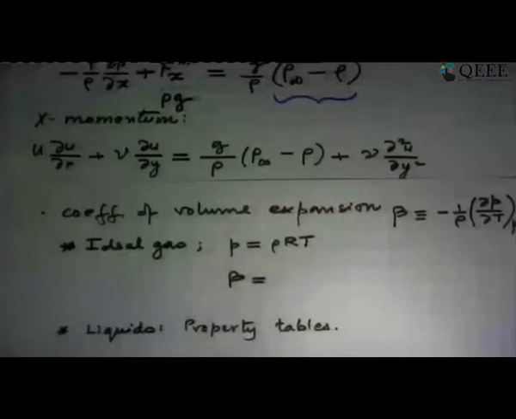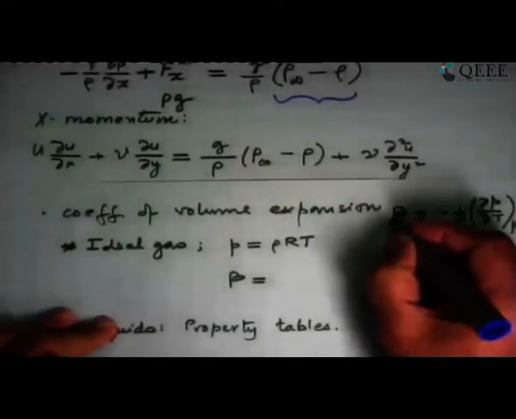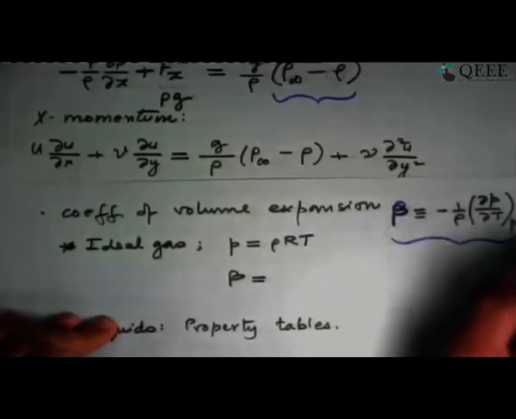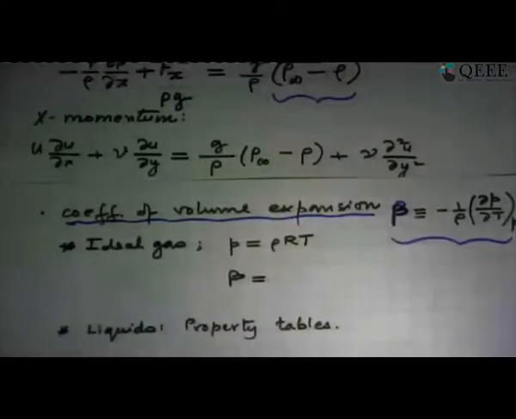If you recall your thermodynamics, we defined a lot of properties there, and one of them was beta equal to minus 1 upon rho, d rho by dT at constant pressure, which is defined as the coefficient of volume expansion. That volume expansion you can relate with density, and you can figure out the dependence of rho on T.